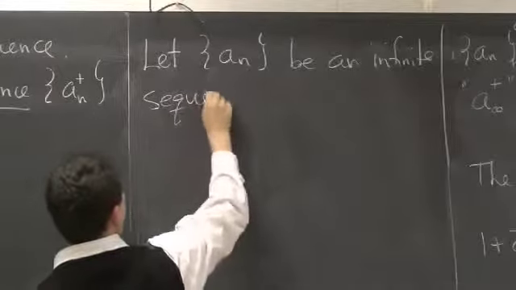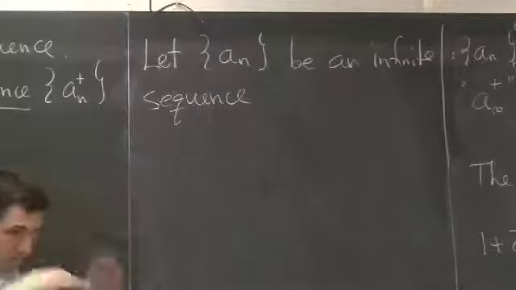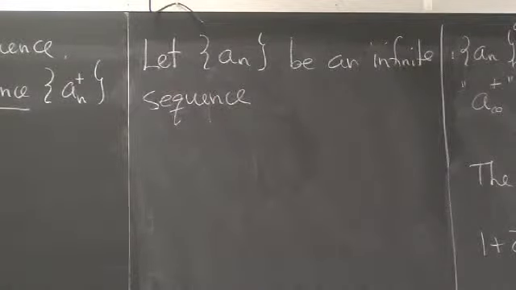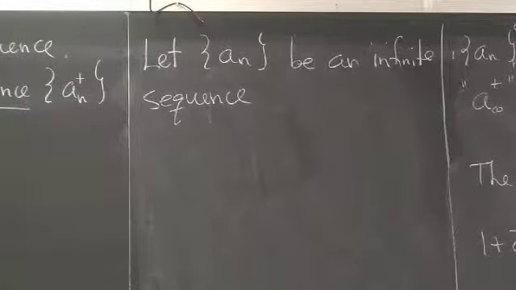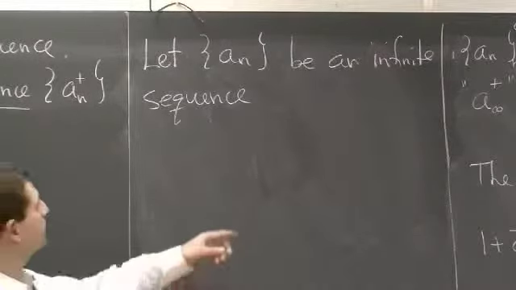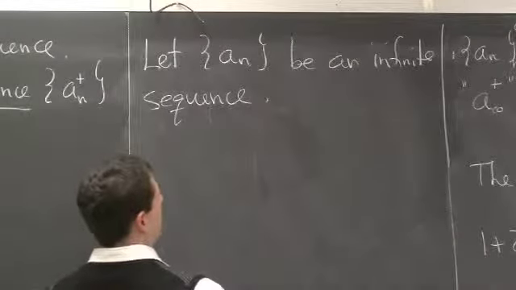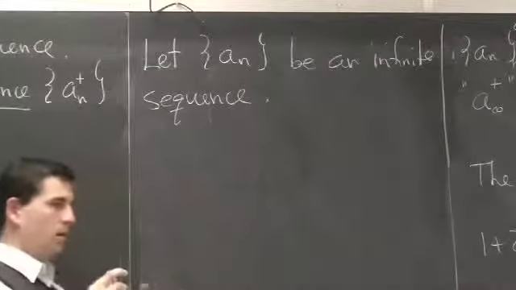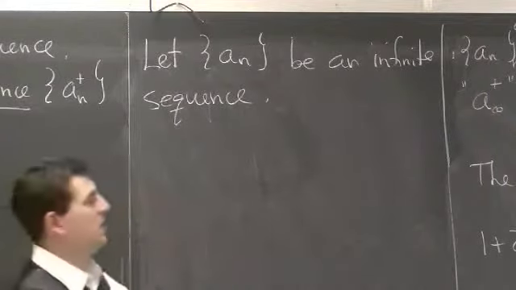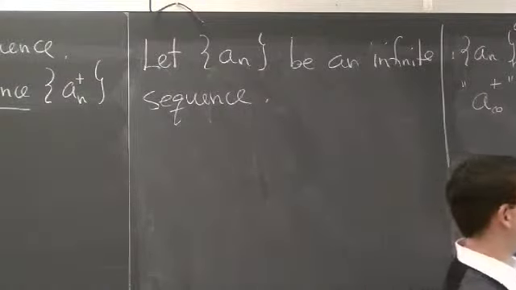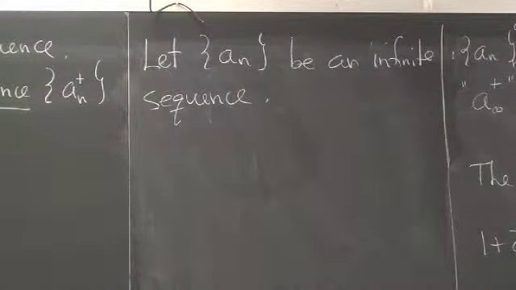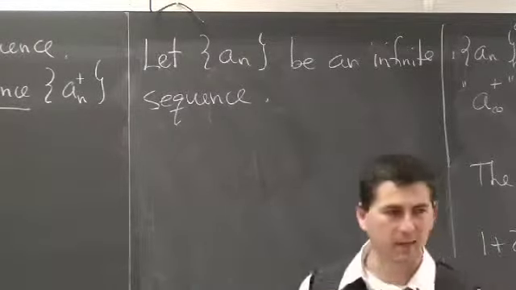I'm going to drop the word infinite most of the time from here on, because we're always just going to be talking about infinite sequences. So we start with an infinite sequence. What do we mean that a sequence is going to converge? What do we mean that this is actually going to make sense? Goes to a number. What do we mean by goes to a number?